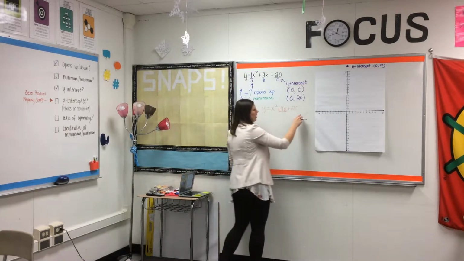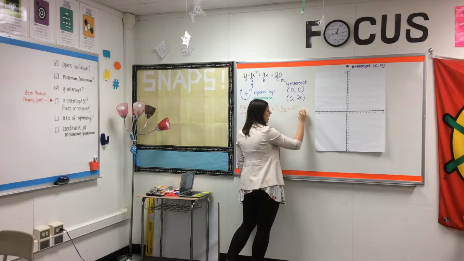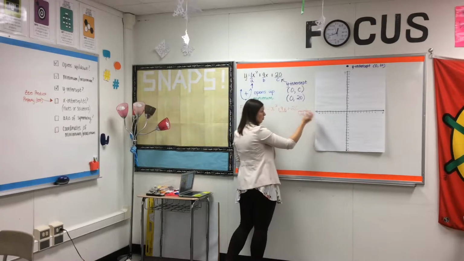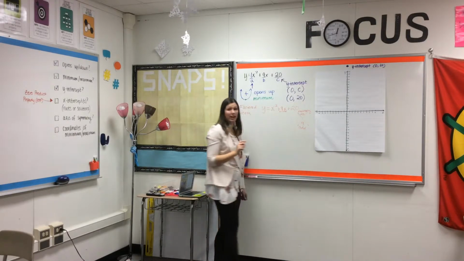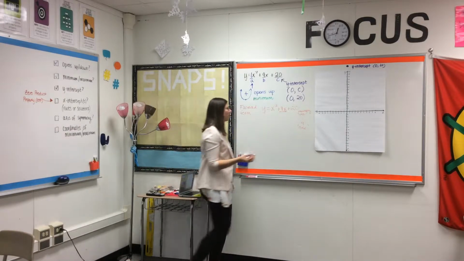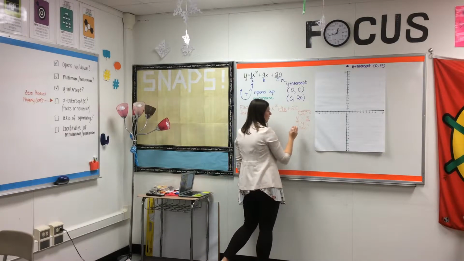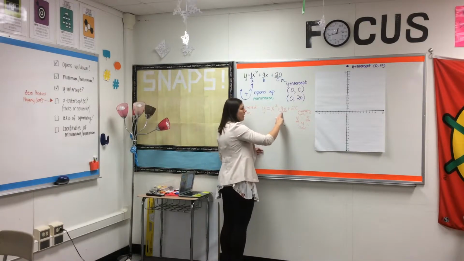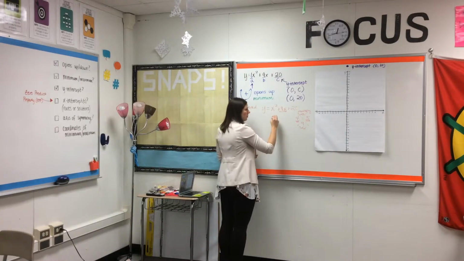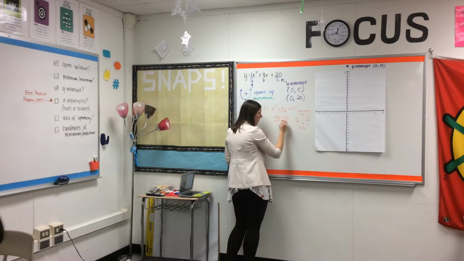So we put a times c up here: what multiplies to 20 but adds to our b value of 9? 5 and 4. They take the spots of 9, but it can't just be 4 plus 5. It has to be a positive 4x plus a positive 5x. Those take the spots.